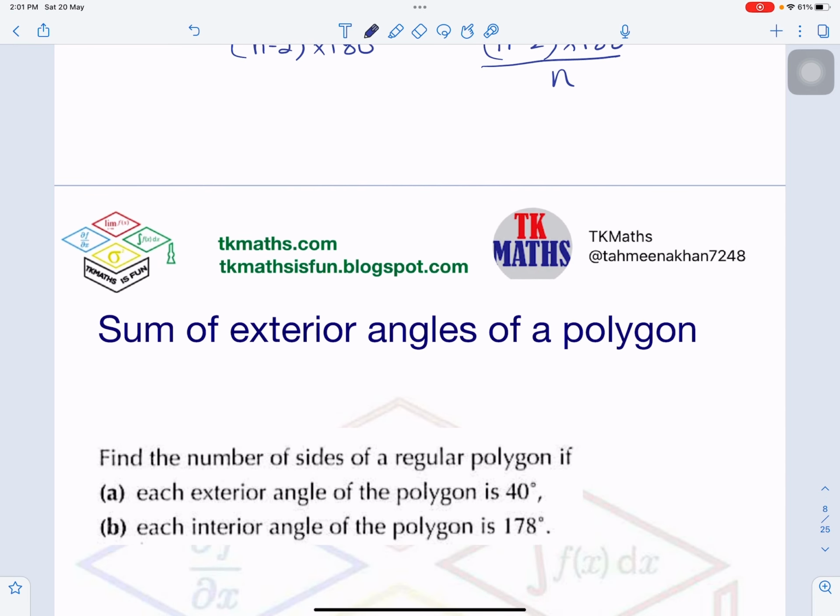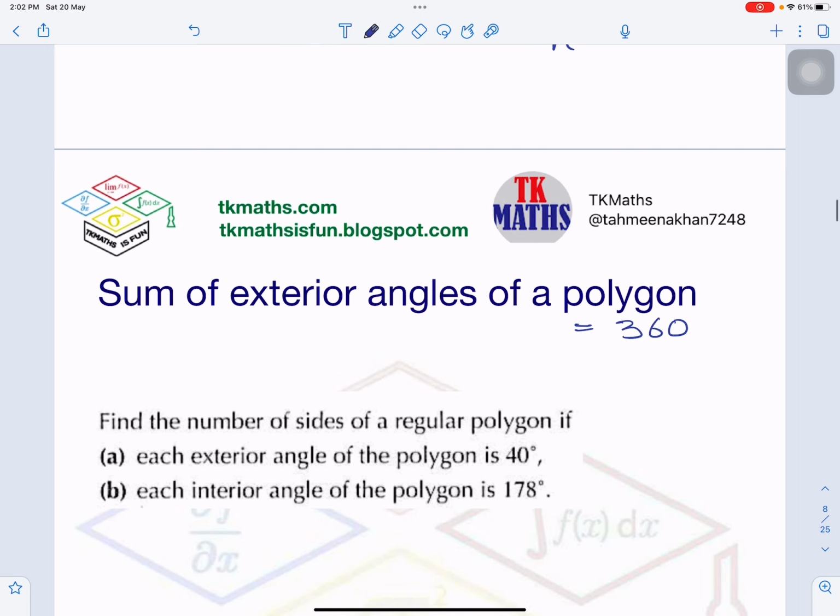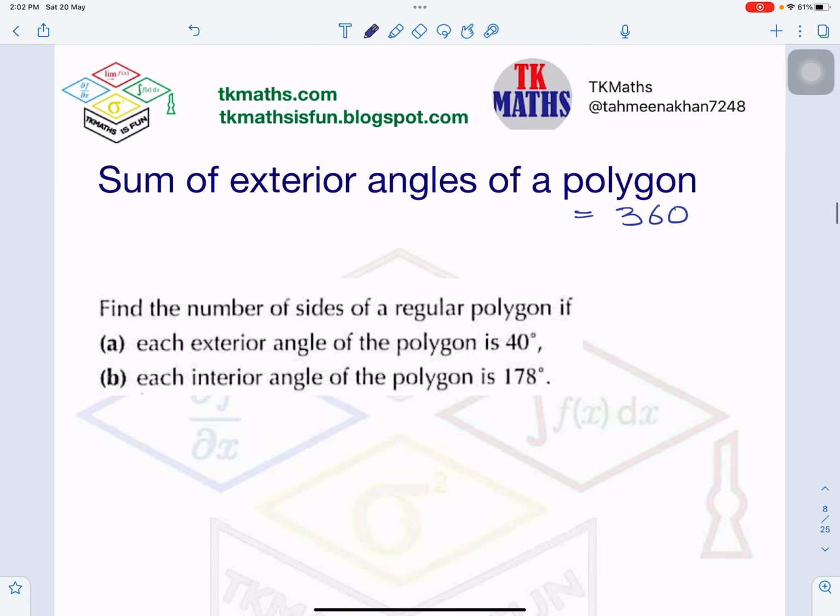Now, what about the sum of exterior angles of a polygon? Whatever the polygon is, either regular or not regular, the sum of the exterior angles of a polygon is always 360. Very, very important information, it helps you to solve many questions, right? For example, let's see this question. Find the number of sides of a regular polygon if each exterior angle of the polygon is 40.